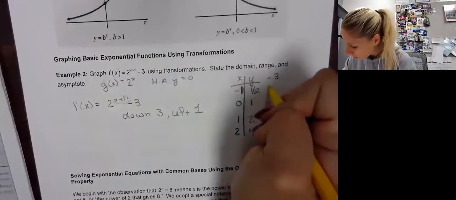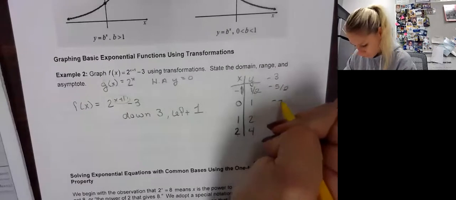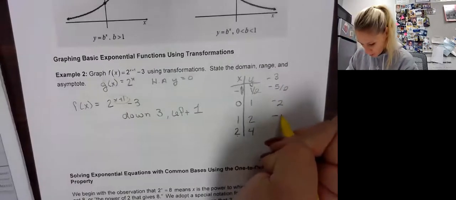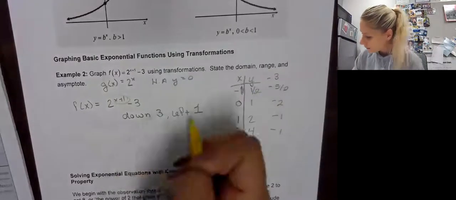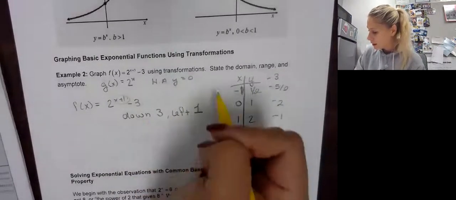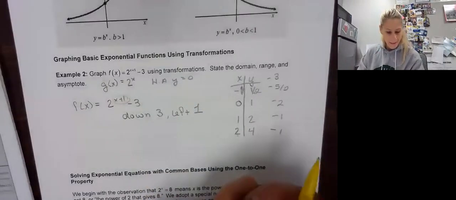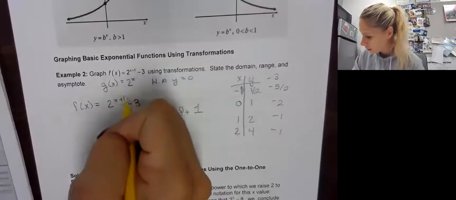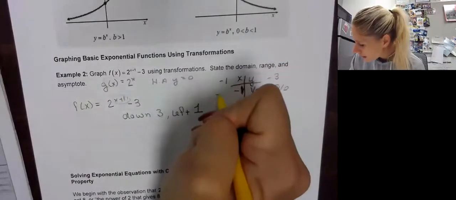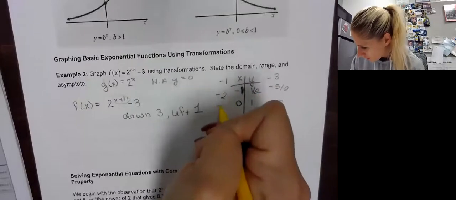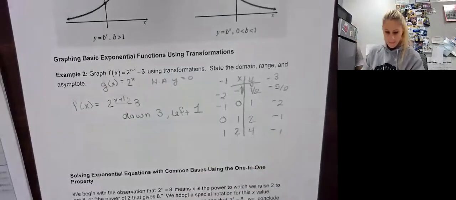When I subtract 3, I get negative 5/2, negative 2, negative 1, negative 1/2. To the x here, I have to look at going left 1. Okay, always do the opposite to what I see. So I'm going to subtract 1. So I get negative 2, negative 1, 0, and 1.